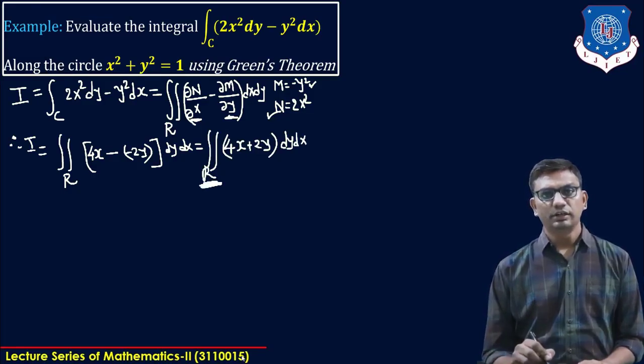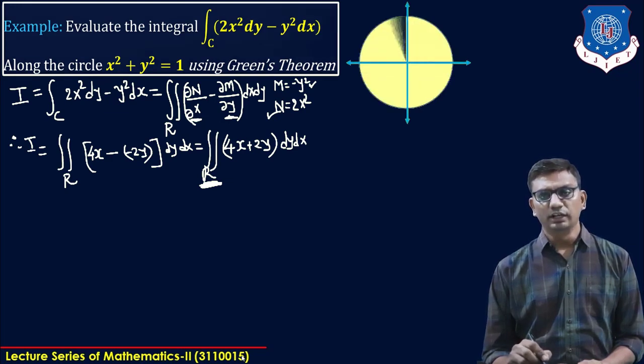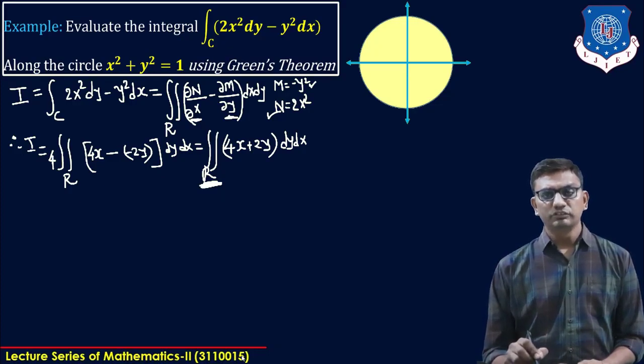Here our region is the whole unit circle x square plus y square equal to 1, and we are taking the integration only on the first quadrant. So we calculate our integration 4 times because we are taking only the first quadrant of the circle.